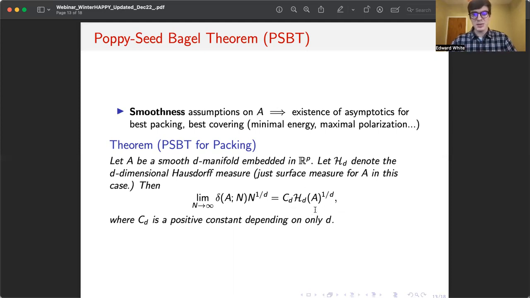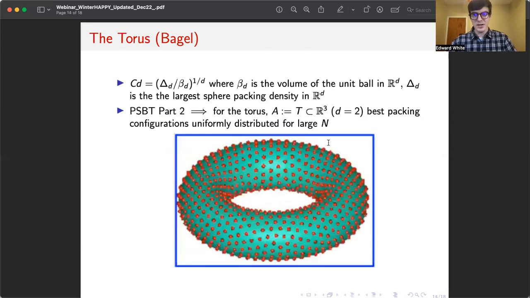So we can evenly spread our poppy seeds all across the surface of our bagel and get the perfect poppy seed bagel. We have that with this following picture, where the red dots represent those poppy seeds, which we've evenly spread as much as possible all over the smooth surface of our manifold, or all over the smooth bagel.